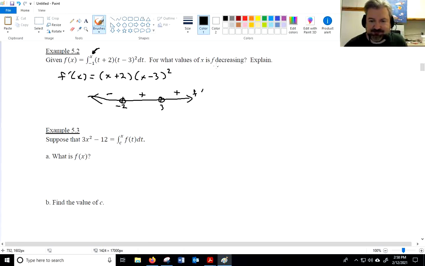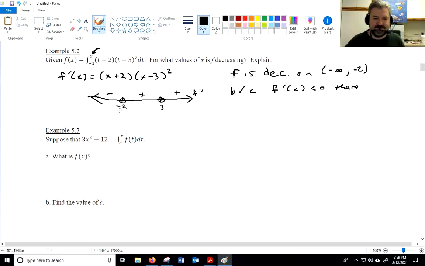So there we go. For what values of x is f decreasing? F is decreasing on the interval from negative infinity to negative 2 because f prime of x is less than 0 there. And that's all there is to it.